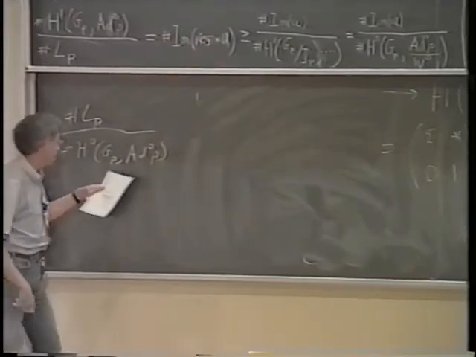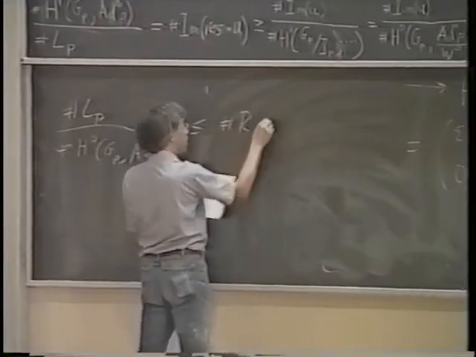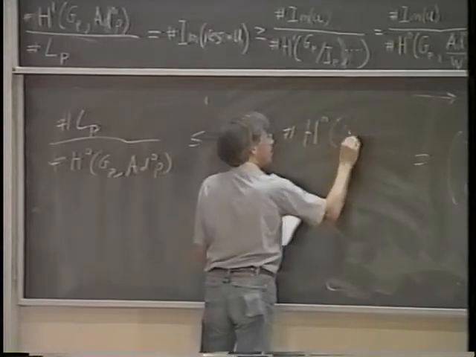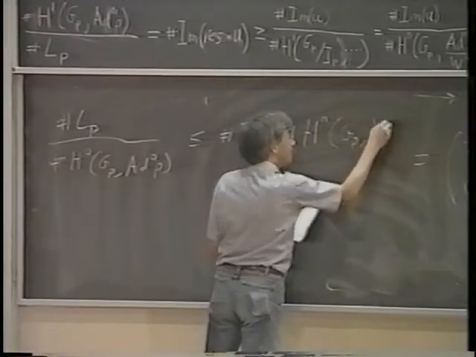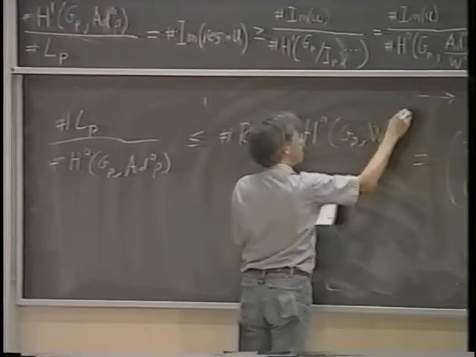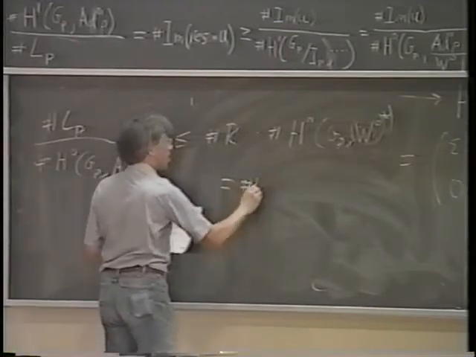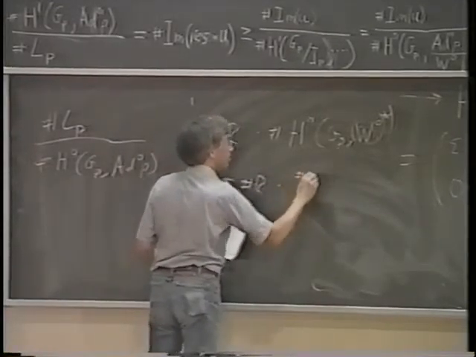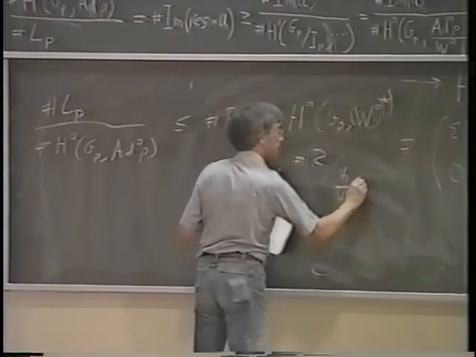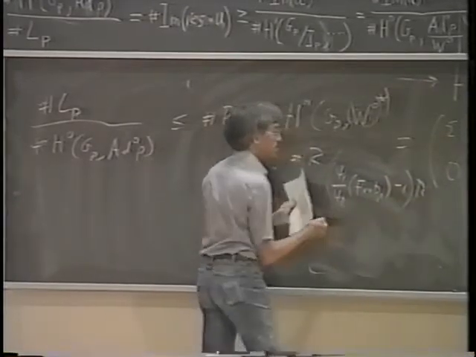Well, there's an inequality there, and if you trace it all through, it's less than or equal to the order of R times the order of H^0(G_P, W^0 star). And that equals the order of R times the order of R mod (psi1 over psi2)(Frobenius at P) minus 1 times R.